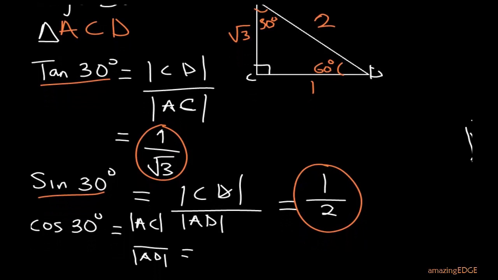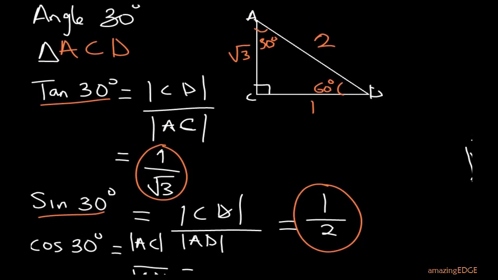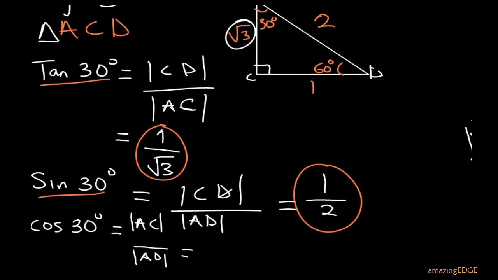Line AC is giving us root 3, and line AD is giving us 2. So cos 30 degrees is equal to root 3 over 2.